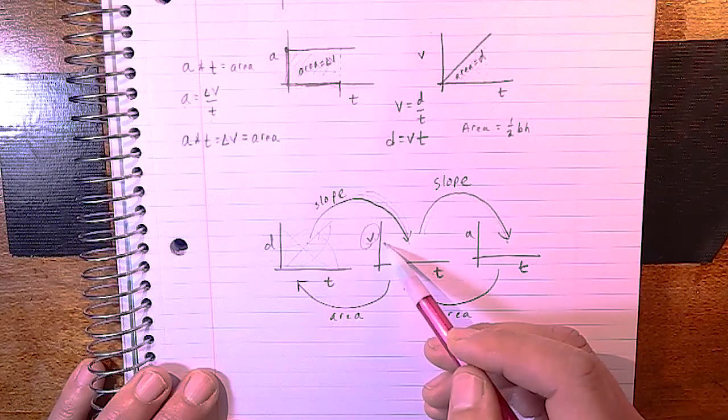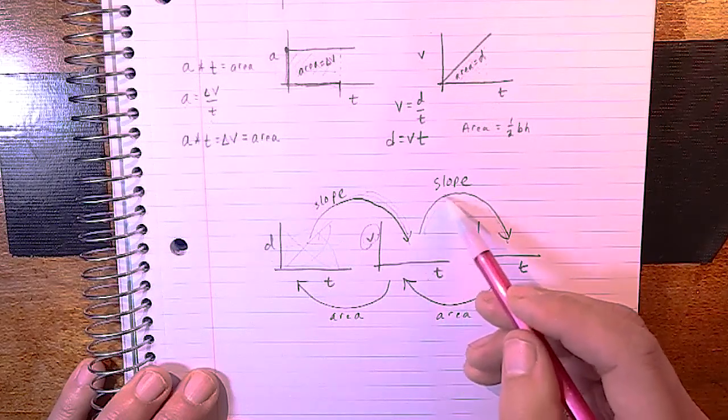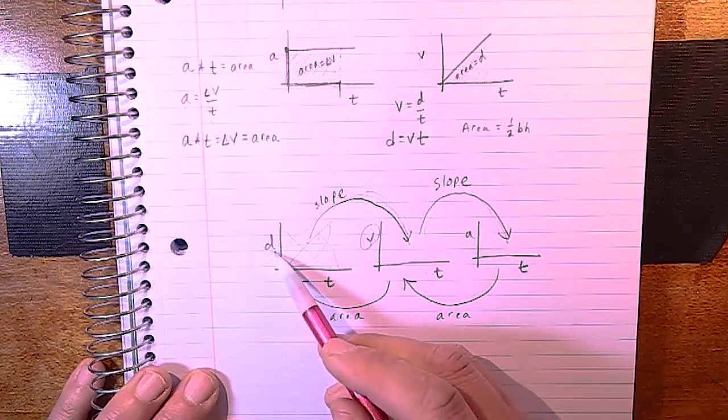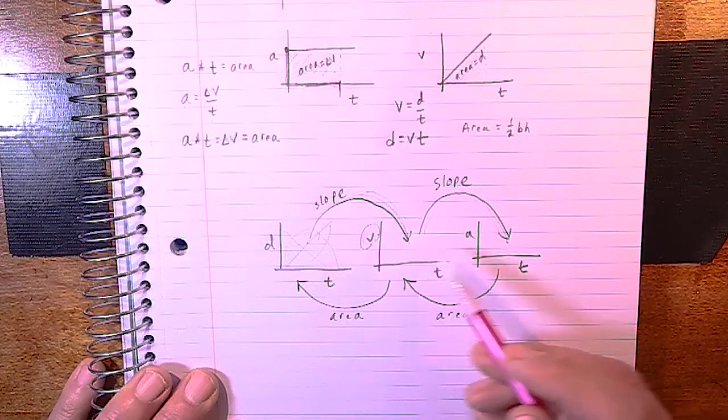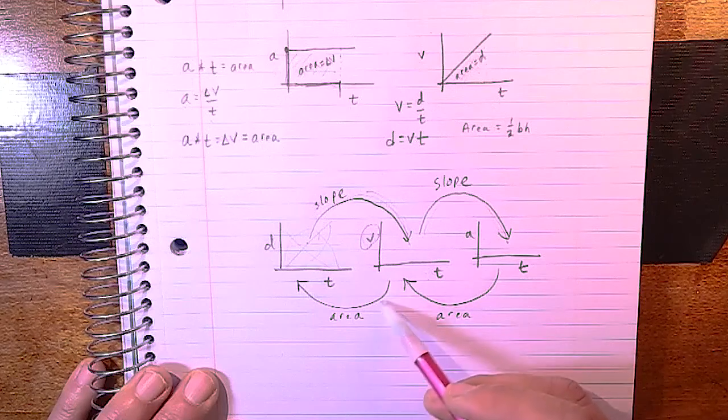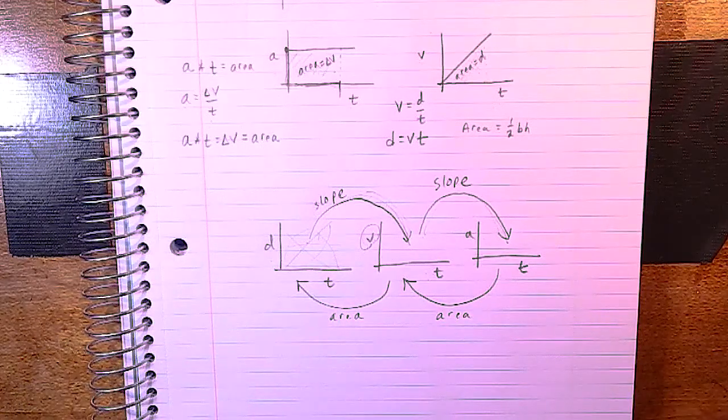This is the first derivative. And the slope of this would be the second derivative of a displacement, or the first derivative of velocity. And working backwards, these are integrals. You don't need to worry about this now, but that sets you up to help you to understand this concept if you go further with physics.